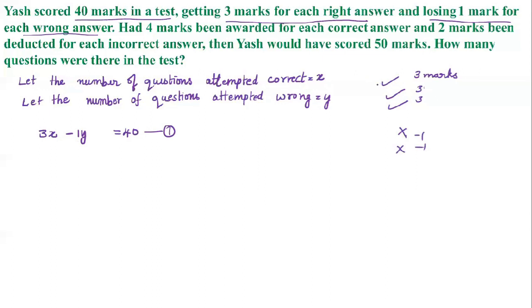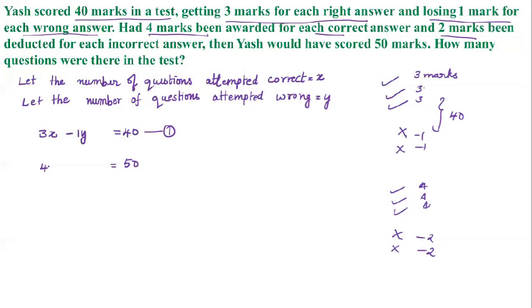And see the next statement. Had 4 marks been awarded for each correct answer and 2 marks deducted, meaning minus 2 for each wrong answer, then Yash would have scored 50 marks. He would have scored 50 marks if 4 marks for each correct answer.